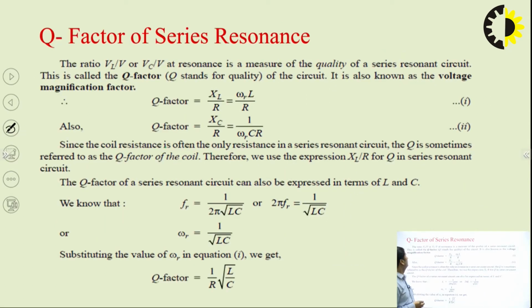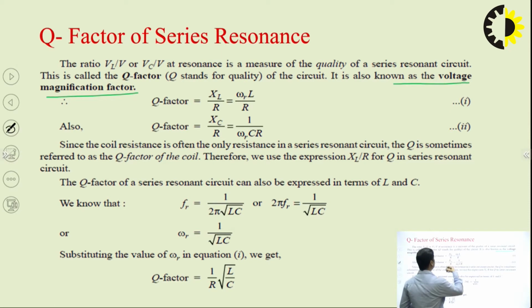Next is the quality factor, or Q factor, of the series resonance. The Q factor is very important because it tells us the quality, or simply the voltage magnification factor.